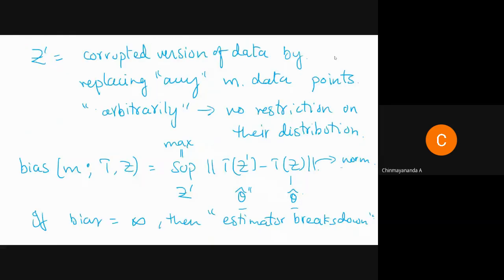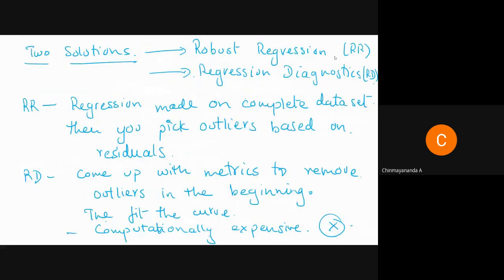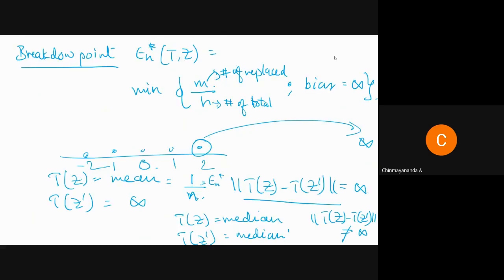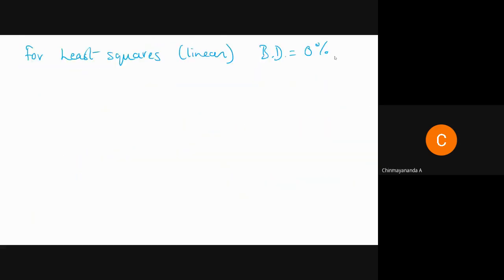If you just corrupt one point, the parameters, the norm, can become infinity just by putting one infinity properly. The angle and all those things will matter, but thinking that way it is 1 by n, so as n tends to infinity, that will be 0%.